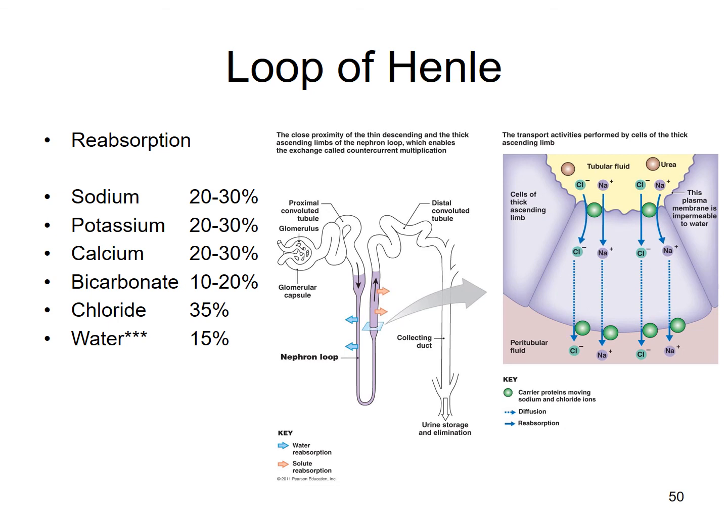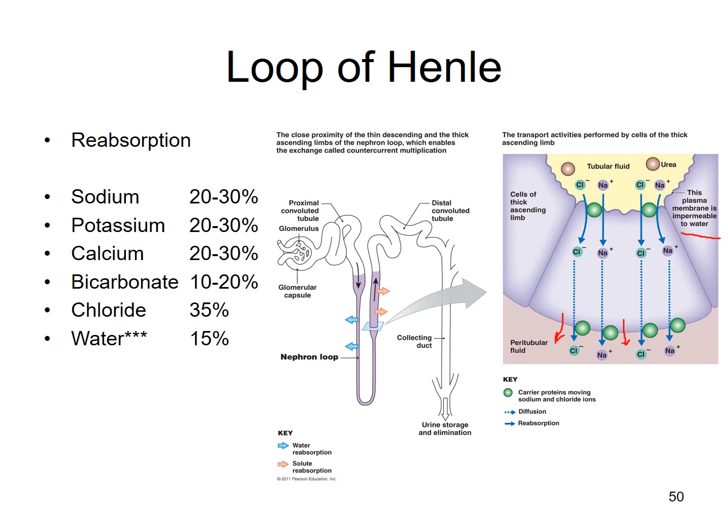Basically what I wanted to show you is that in the ascending limb here, if you look at what it says right here, this plasma membrane is impermeable to water. And what you're going to see happening here is the same basic mechanism that you saw in the proximal convoluted tubule, where you have chlorine and sodium moved out into the peritubular fluid across the basolateral membrane.